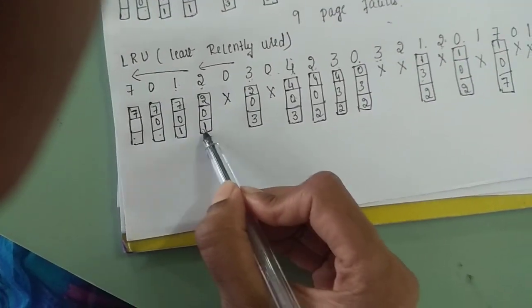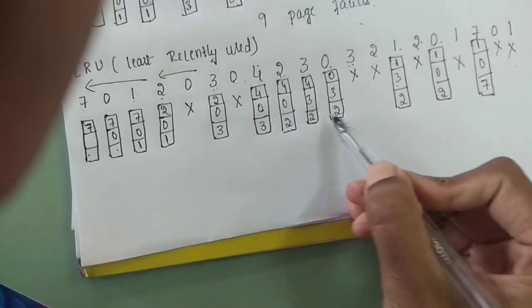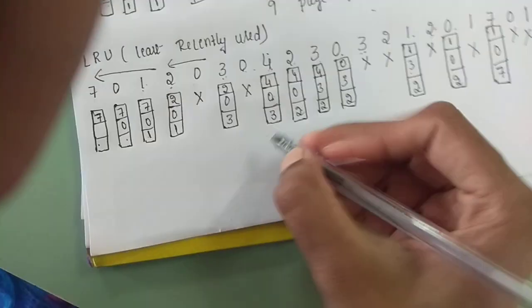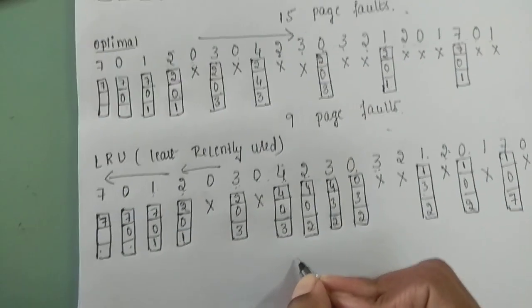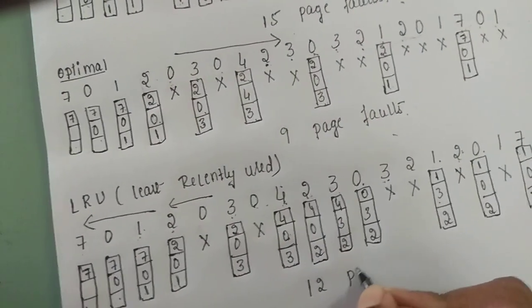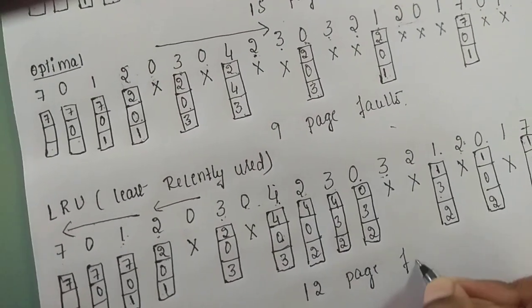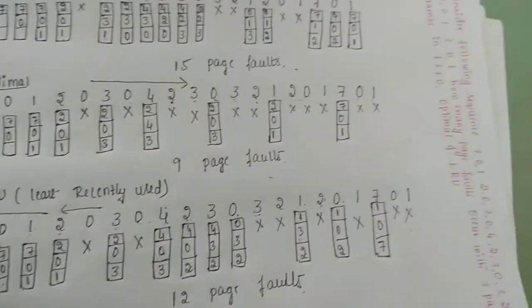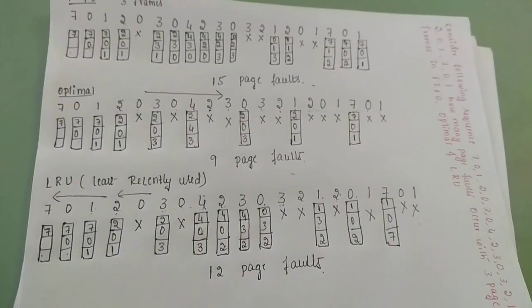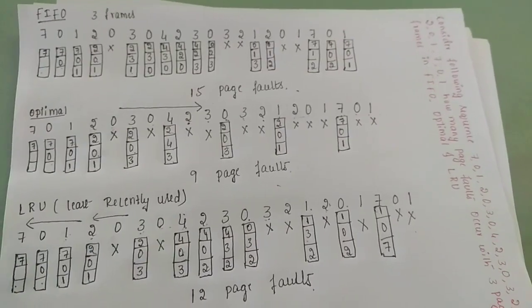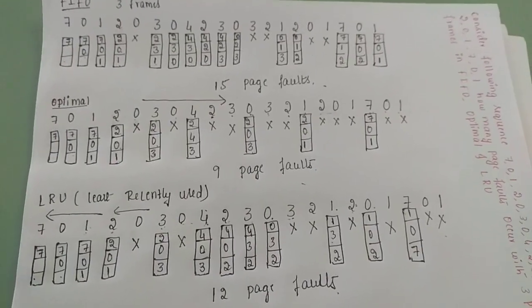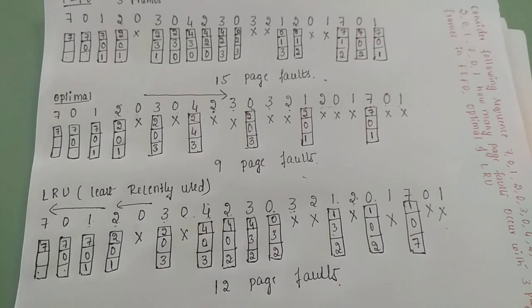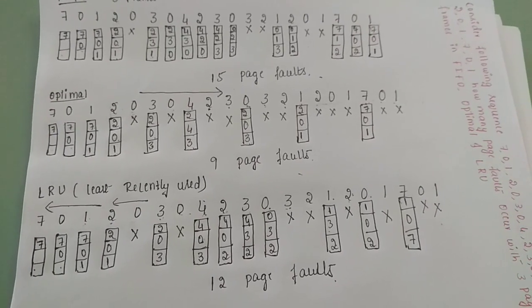So count the faults now: 1, 2, 3, 4, 5, 6, 7, 8, 9, 10, 11, 12 page faults. That completes the entire problem. This problem can be asked for 10 marks, and they may ask another question about the least page faults.